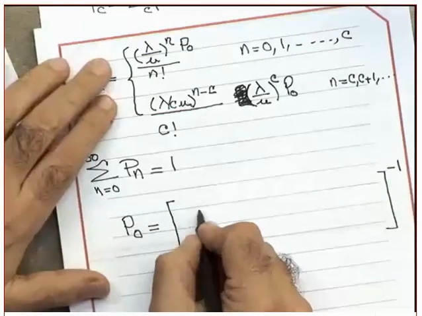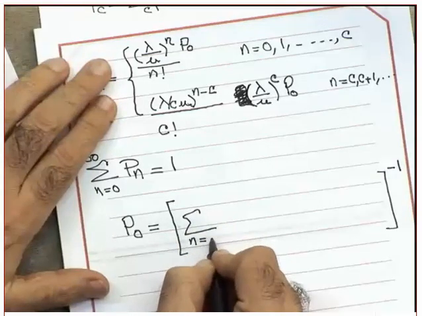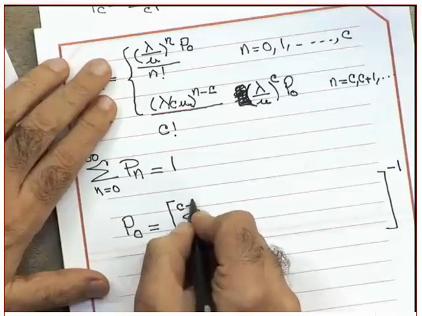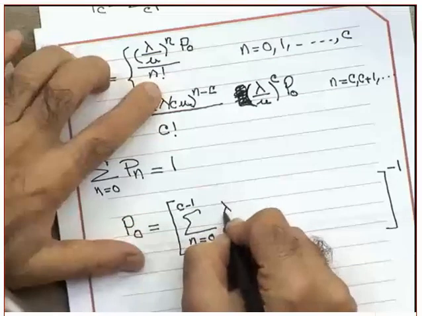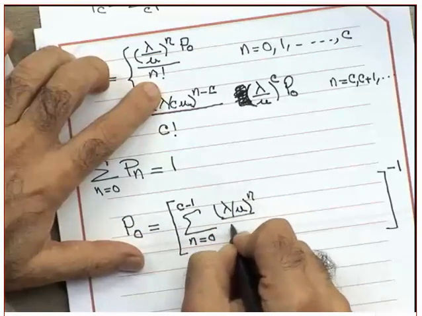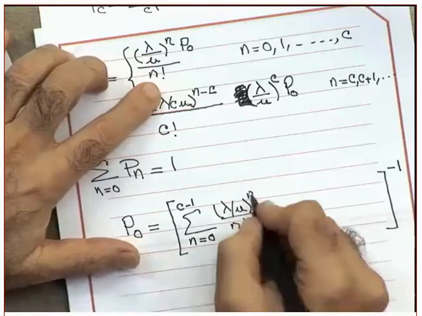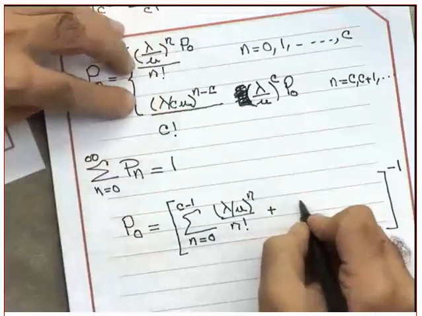So what do I have here? Summation n equal to 0 to C minus 1 times lambda over mu to the n over n factorial. Agree? Plus, what is this?